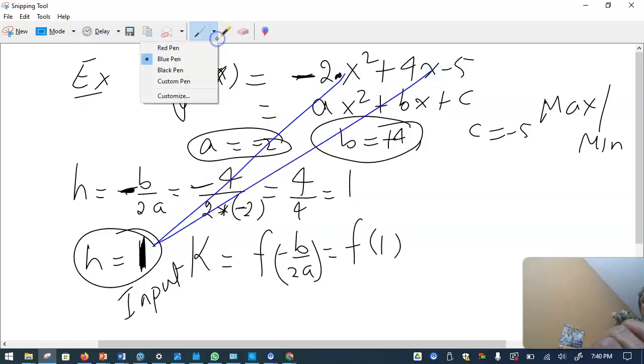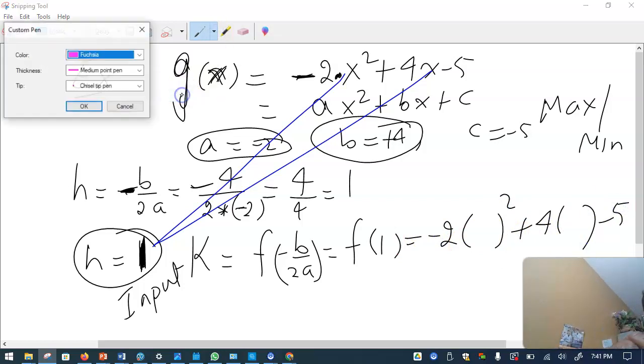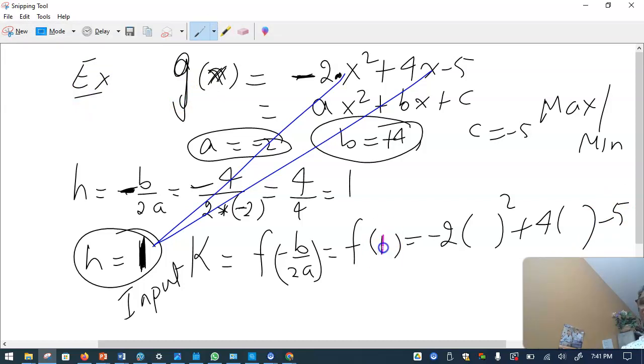Minus 2 will stay minus 2, then squared, plus 4 and minus 5, and I plug in the 1. You put it right here. So that will be 1 and 1, which gives minus 2 plus 4 minus 5.